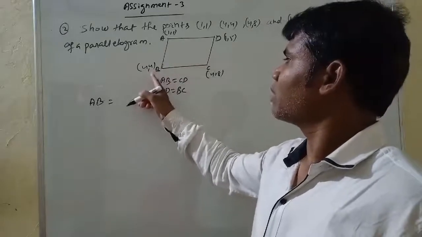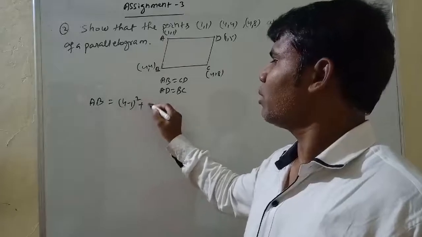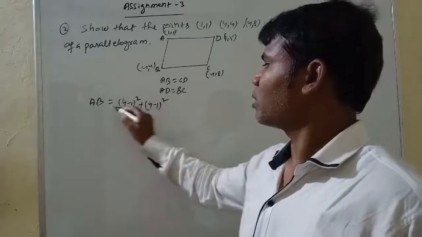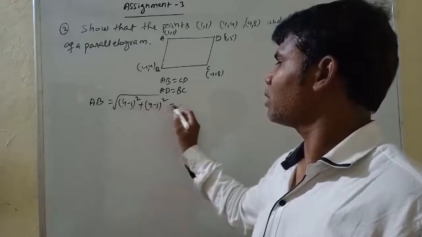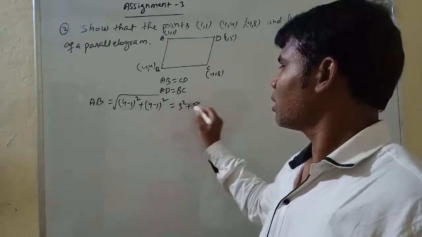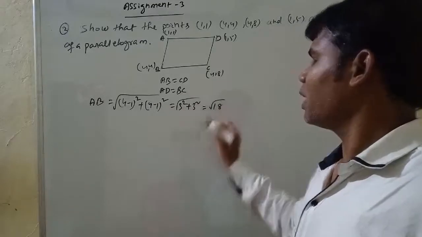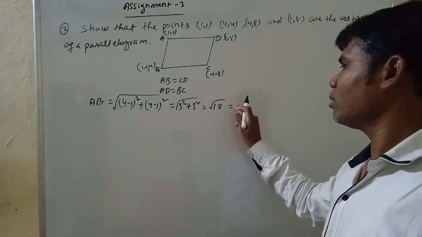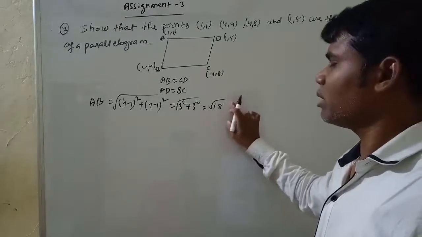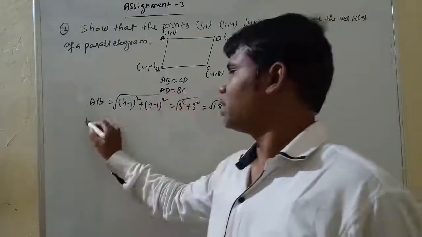Square root of x2 minus x1, that is 4 minus 1 whole square, plus 4 minus 1 whole square. This is 3 square, this is also 3 square, this is 9, this is 9, 18. So AB is root 18. Then find CD.